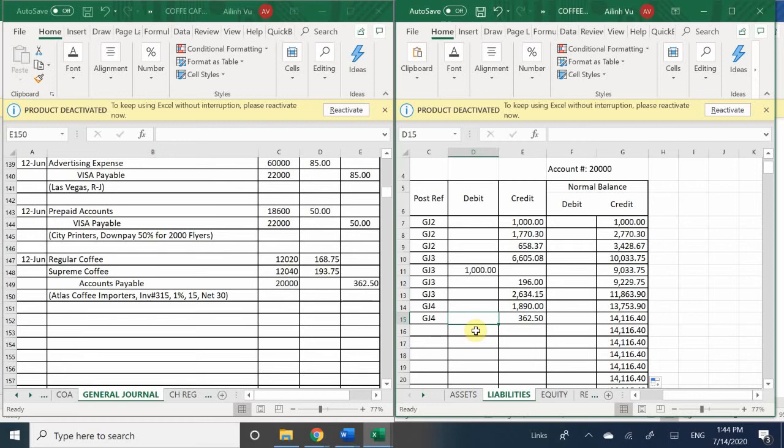In this case, I want one of them to be moving average and one to be FIFO, also for scenario's sake. I want you to be able to experience as many inventory costing methods as possible.